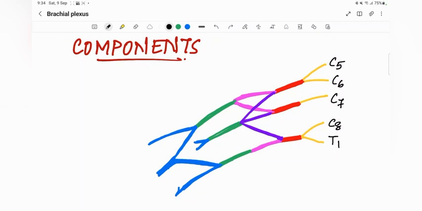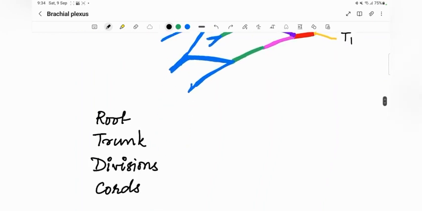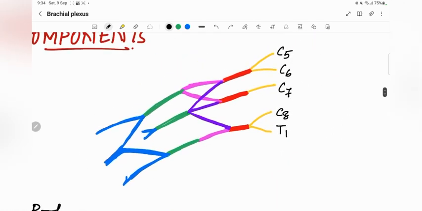Now let's talk about the components of brachial plexus. The brachial plexus basically consists of four components, which are the root, the trunk, the divisions and the cords. So talking about each one in detail, the root comprises the anterior primary rami of C5 to T1 spinal nerves.